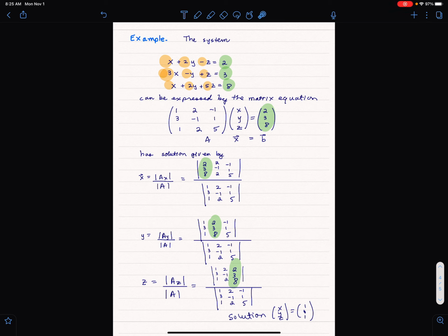So it's more involved, but there is a solution, which I think I got right: 1, 1, 1. Okay, that ends the video, and this video is on Cramer's rule. It's true we didn't work out this third problem completely because I didn't find the determinants of those 3 by 3 matrices, but go back to the previous video on this playlist about how to find 3 by 3 determinants.